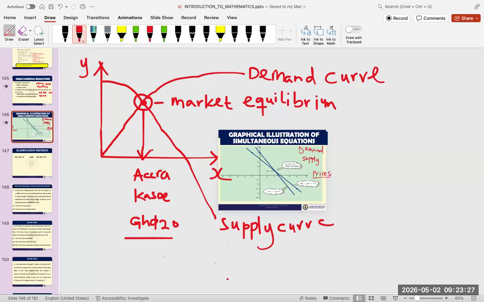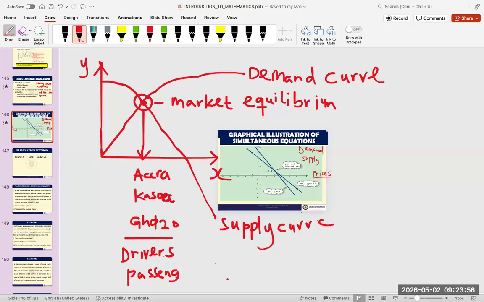That 20 cedis is the market equilibrium price, meaning that demand and supply have solved an equation. And the answer they had was, let's charge 20 cedis from Accra to Kaswa. So the drivers are okay. The passengers are also okay.